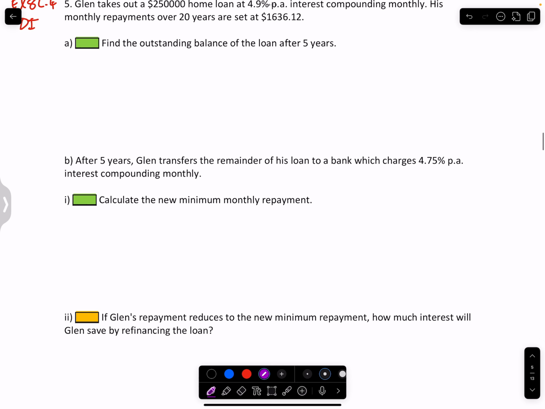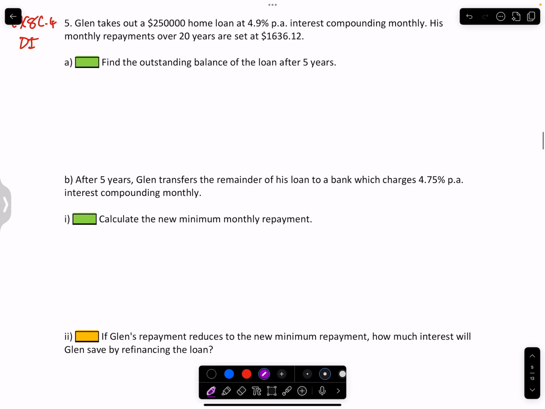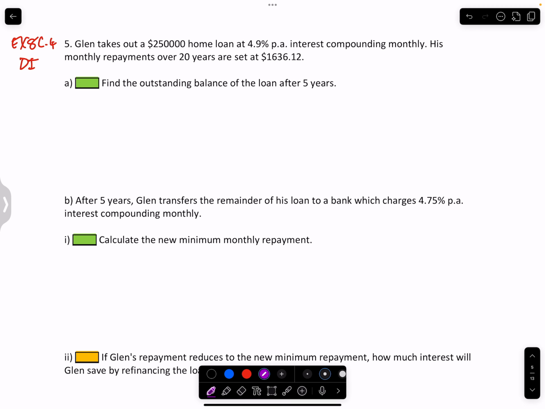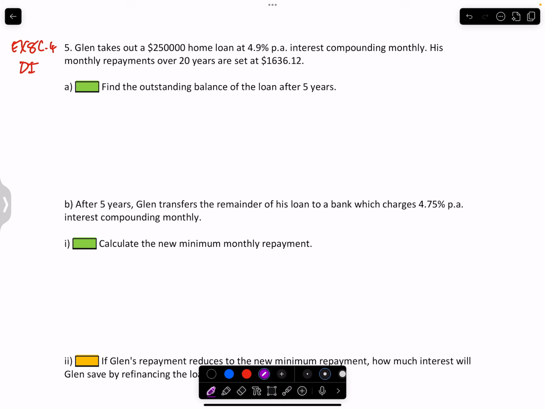And so what is this? This is a refinance question, therefore it's exercise 8C.4 and also shown in your lessons. So Glenn takes out a 250 grand home loan, 4.9%, compounding monthly, repayments over 20 years as set. So you're told the repayments. We want to work out what the outstanding balance of the loan is after 5 years.